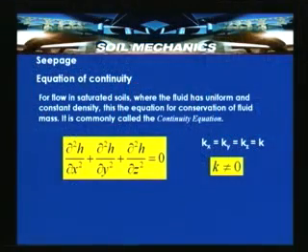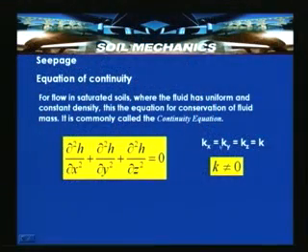In the equation of continuity, as defined in the previous lecture, for flow in saturated soils where the fluid has uniform and constant density, the equation of conservation of fluid mass is given here. It is commonly called the continuity equation, and this is for soils having identical permeability in all directions, that is Kx, Ky, Kz is equal to K. With this, del square phi is equal to 0.